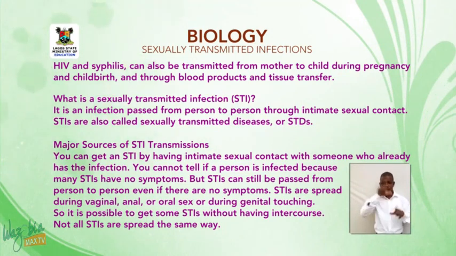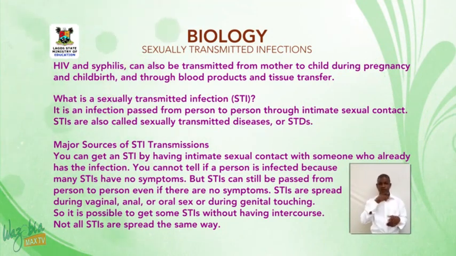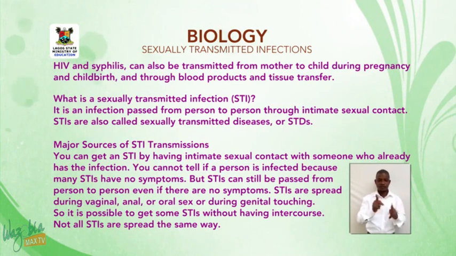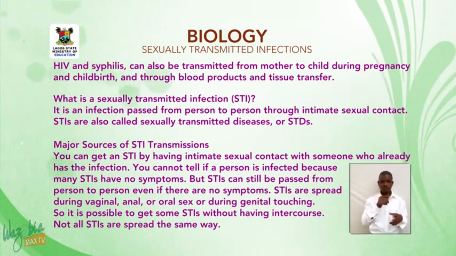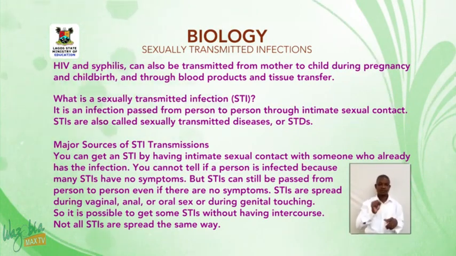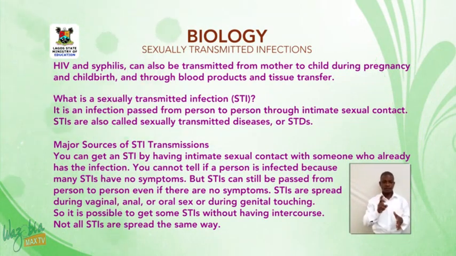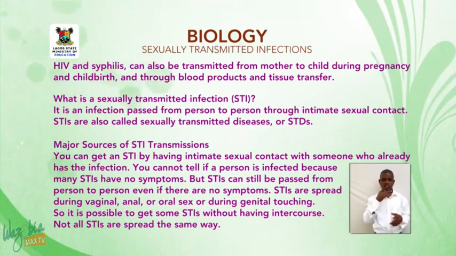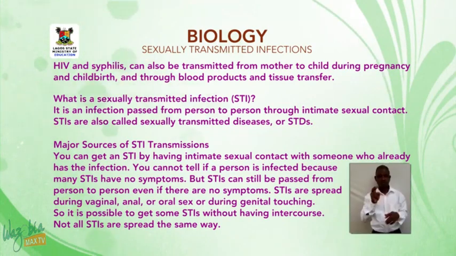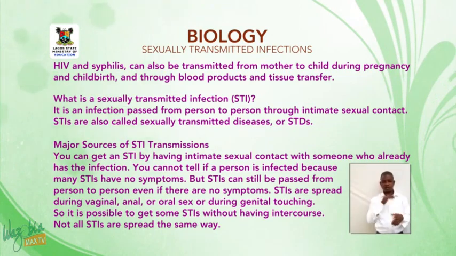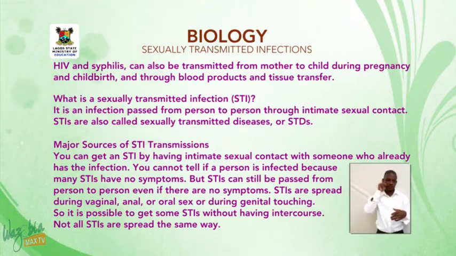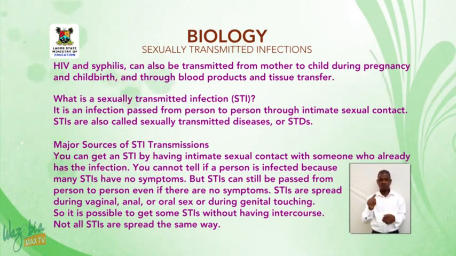But STIs can still be passed from person to person even if there are no symptoms. STIs are spread during vaginal, anal, or oral sex, or during genital touching. So it is possible to get some STIs without having intercourse. Not all STIs are spread the same way.